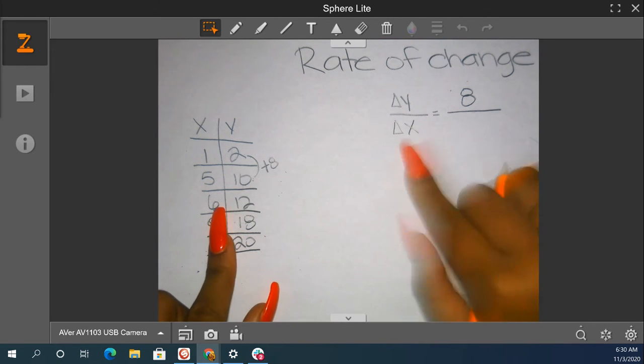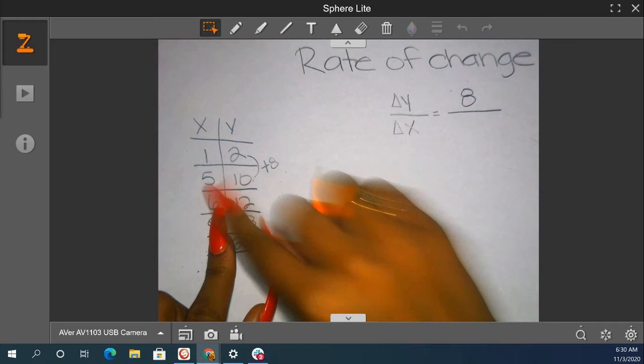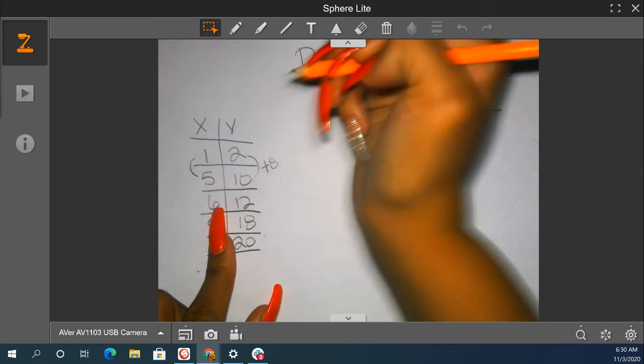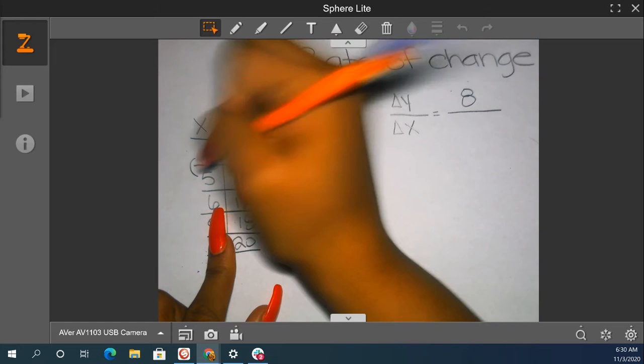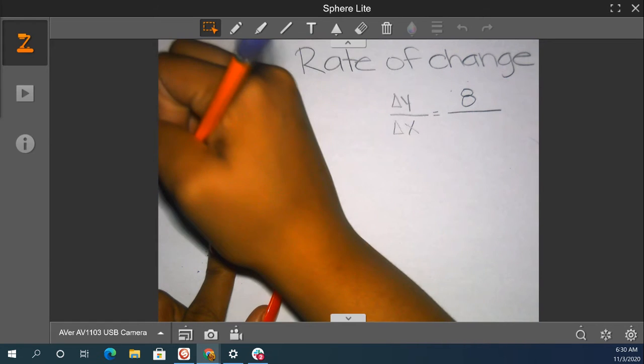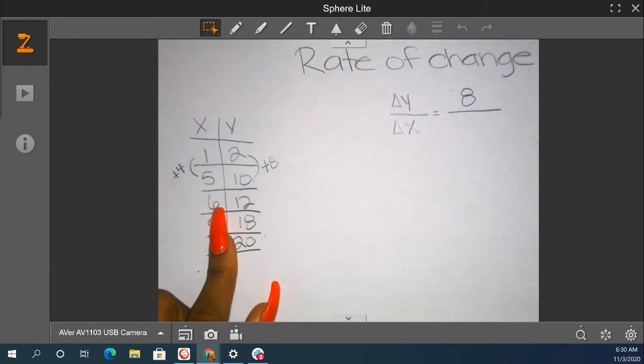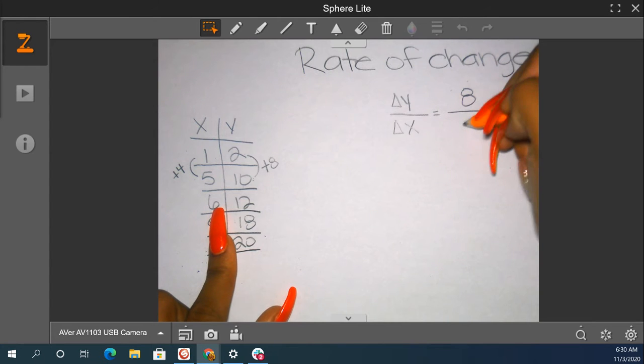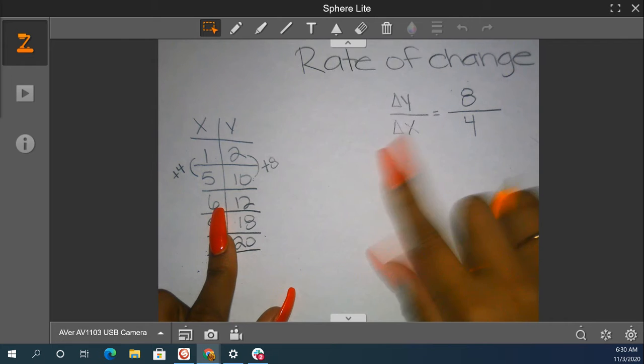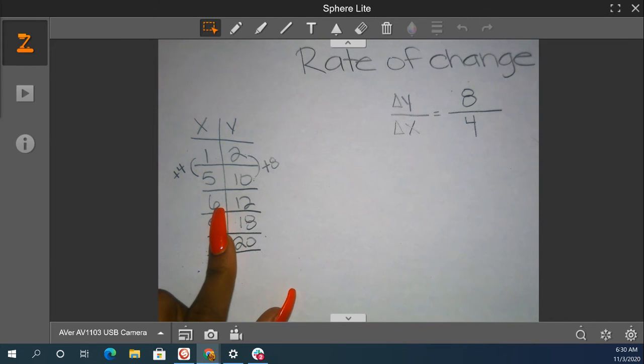Do the same thing with my x to find the change in my x. I see from 1 to 5, it increases 4. So since it increased 4, I'm going to put 4 next to my change for x.